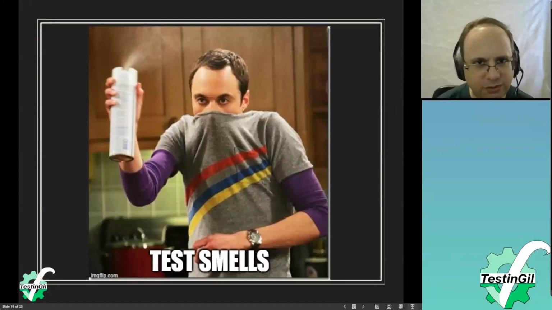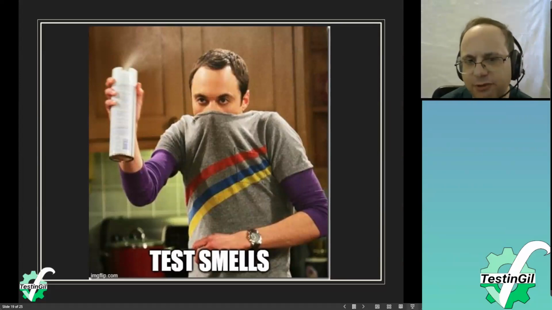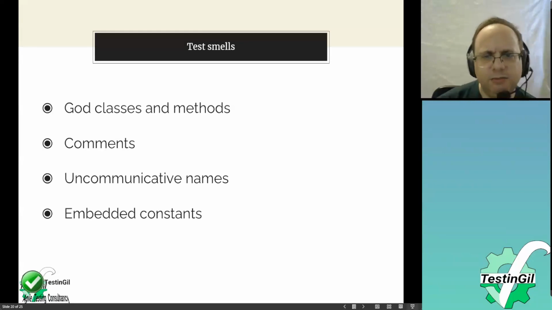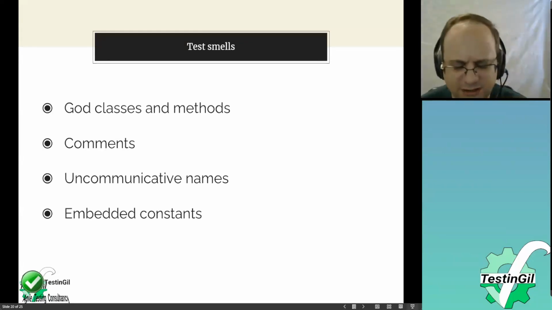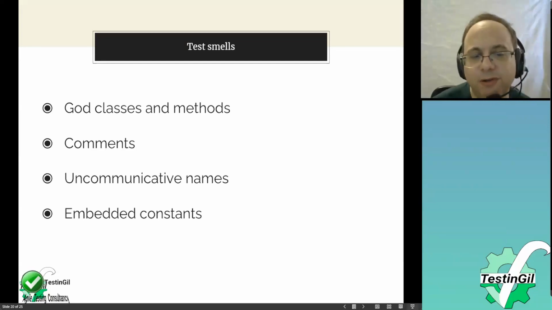And the same things we're going to apply to test smells. I'm going to mention a couple of patterns or anti-patterns in code, and then after the demonstration, I'm going to talk about how this applies to test code as well. So this is a very, very short list of code smells, sorry, not test smells.